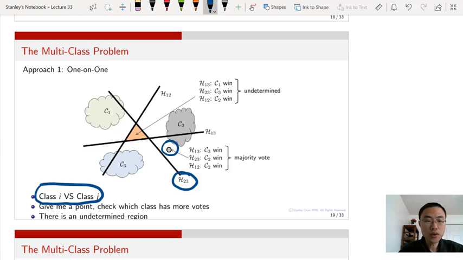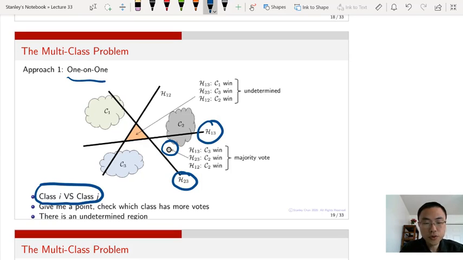Since this is a one-on-one comparison, I will only compare using this decision boundary. In this case, compared with H23, I'm on the right-hand side of this line, and so I will belong to C2 and not C3. But how do we determine whether it belongs to C2 or C1? Then you need to look at another line.